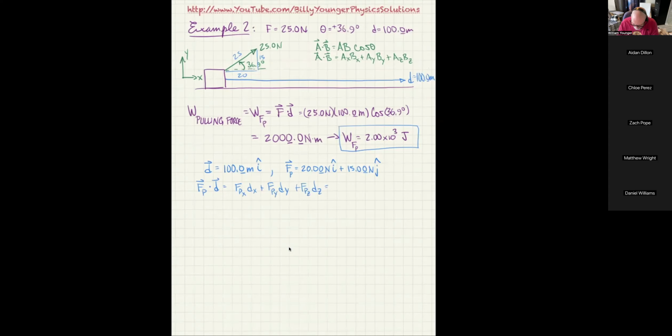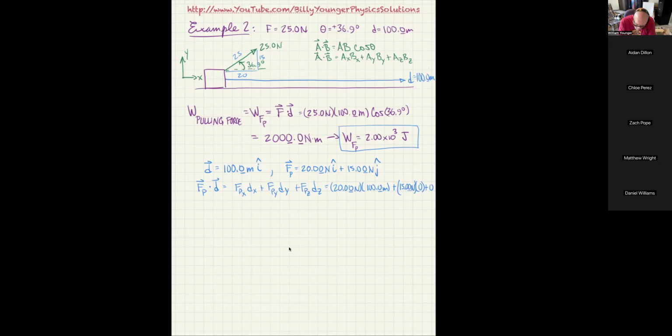As you can tell, we don't have a lot of those components, but we do have an x component of F_P that's 20.00 newtons, and we have an x component of D that's 100.0 meters. We have a y component of F_P that is 15.00 newtons, but the y component of D is 0, and both z components for both of the vectors are 0. So that's what the dot product is.